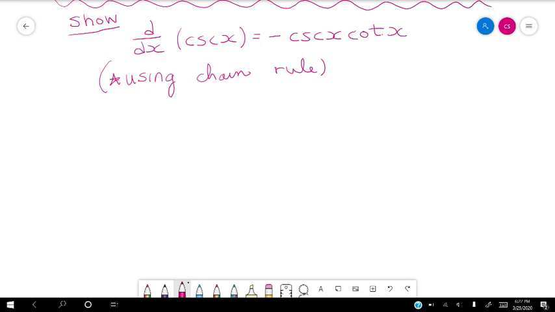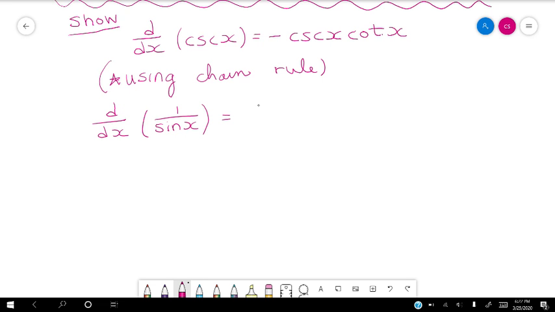All right, and it kind of starts off the same. We would have to remember that the cosecant is the reciprocal of the sine. Okay, and at this point, this is where we use the quotient rule. The numerator function is 1 and the bottom function is sine.